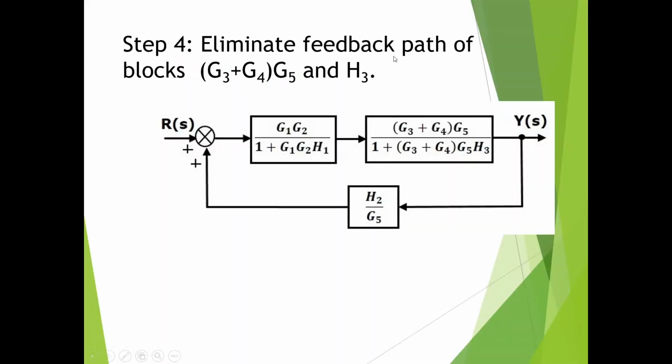Simply mention eliminating the feedback path and draw the block diagram and just write down the equation. So what is it? G3 plus G4 into G5, whole divided by 1 plus G3 plus G4 into G5 into H3. That is it.